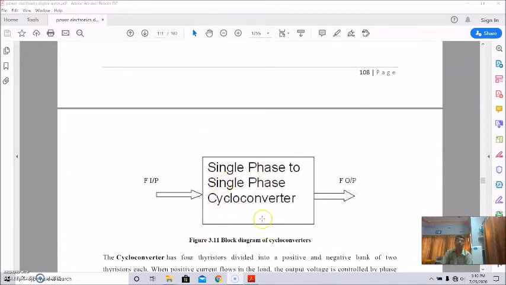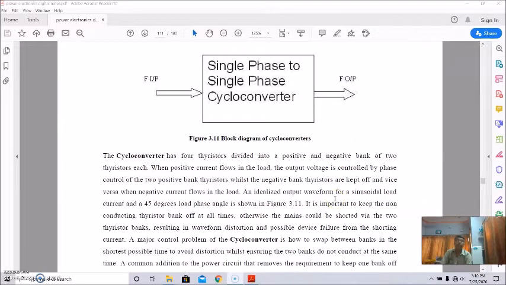So basically, traditionally it is used for very high power drives, and this is a block diagram of a single phase to single phase cycloconverter. This is the input and this is the output. This cycloconverter has four thyristors divided into a positive and negative bank of two thyristors each. When positive current flows in the load, the output voltage is controlled by phase control of the two positive bank thyristors, while the negative bank thyristors are kept off, and vice versa when negative current flows in the load.